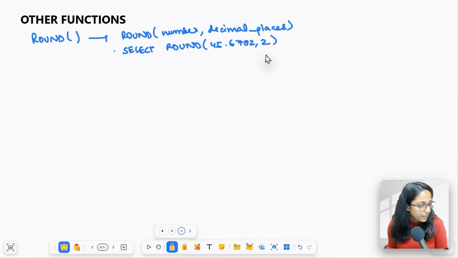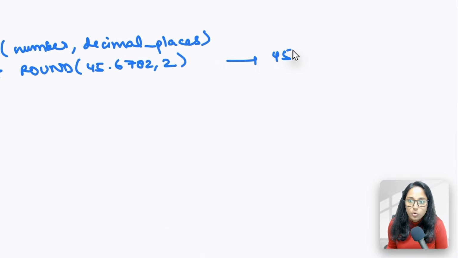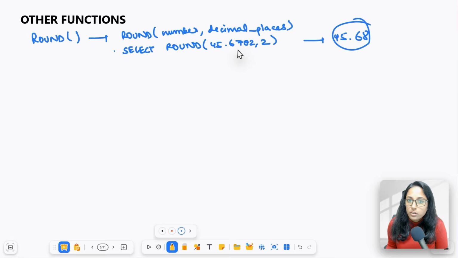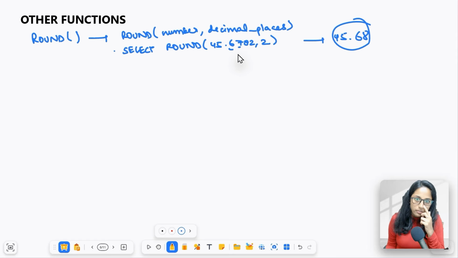It will make it 45.68. So rounding works as expected, like in maths. The 6 stays as it is, and since 7 is greater than 5, it is upgraded to the next number. That's how the rounding function works.